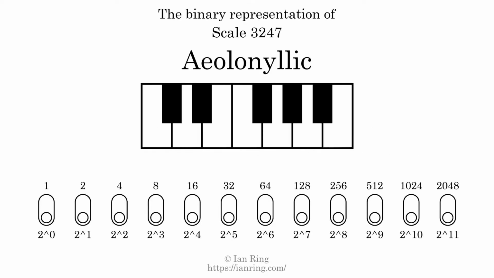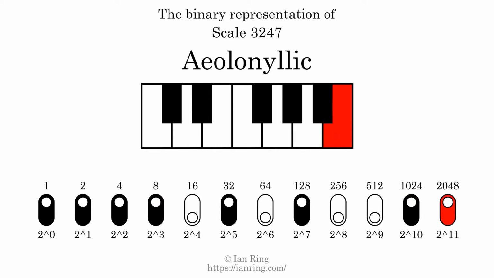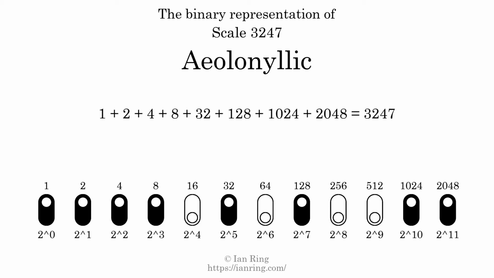The binary representation of this scale is determined by mapping tones of the scale to binary digits. Each binary digit represents a power of 2. To get the scale number, we add the powers of 2 together. The powers of 2 that are present in the scale, all added together, equals 3247.